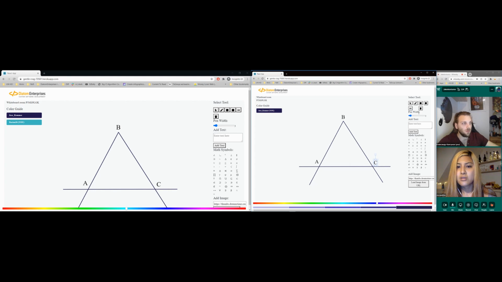And then also let me label the other angles. So we have angles 1 and 2, right? And there's also the other angle, D.